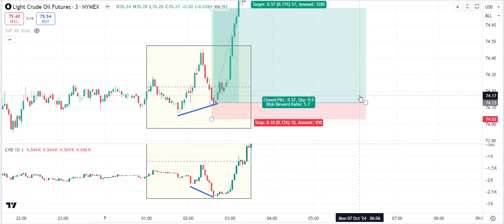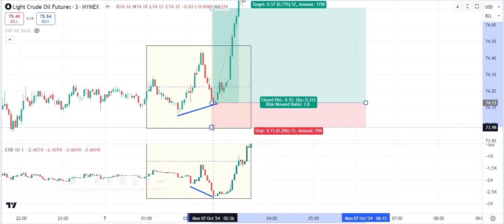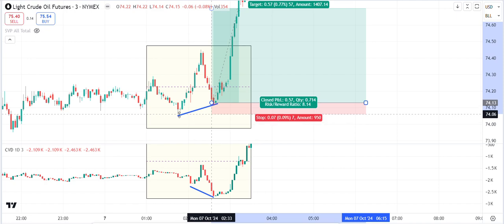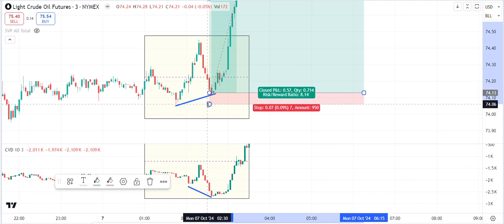I don't use it like this. I have predefined risk points. So for crude I risk 15 points, 15 cents. For ES I use a different amount of stop, and for Nikkei I use a different stop. And for gold I use a different size stop. But for crude oil I use a 15 cent stop. You can see here this is less than 15 cents, so I know I could take this trade.